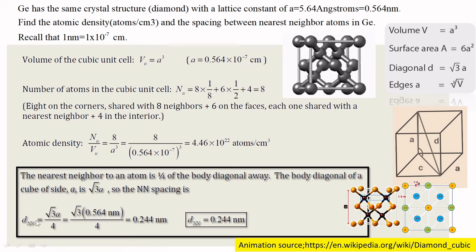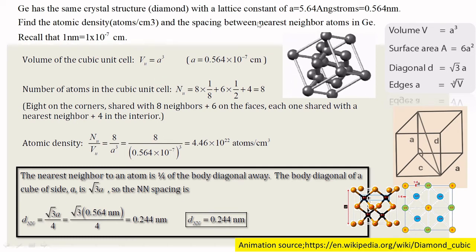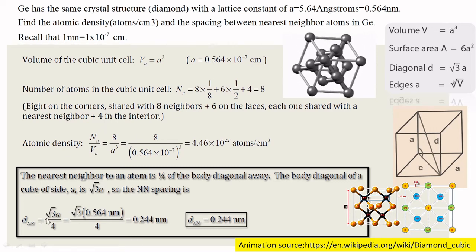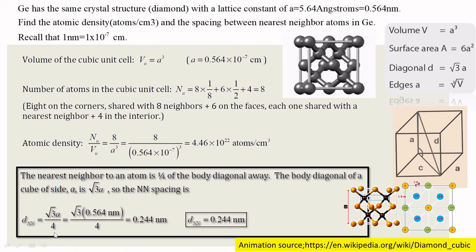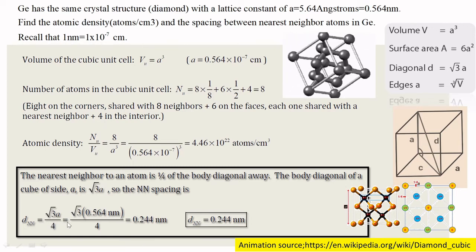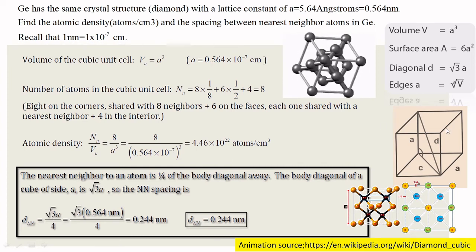Now you want to find the spacing to the nearest neighbor atom in germanium. The formula will be root 3 a by 4. Because what is the diagonal of this cube?